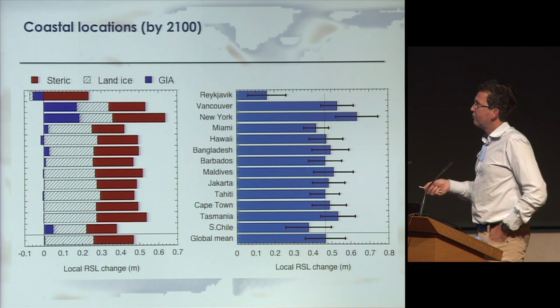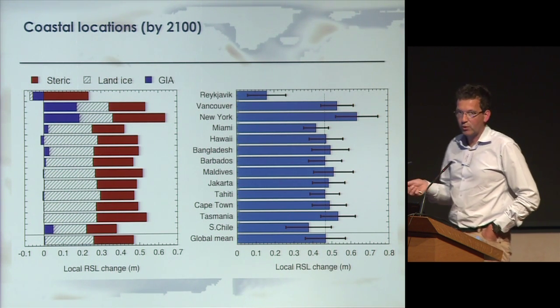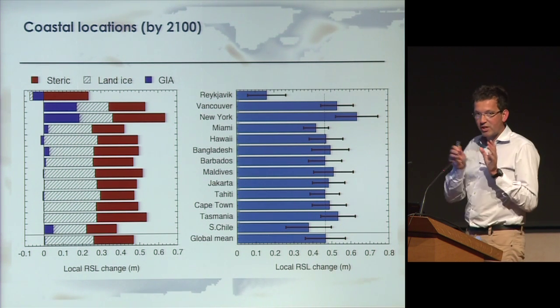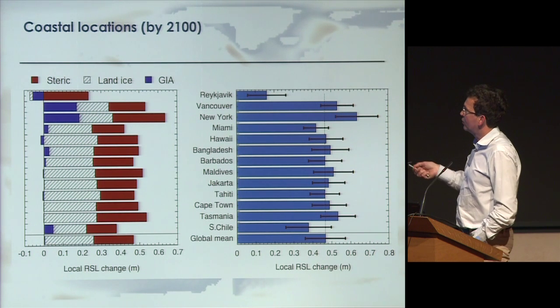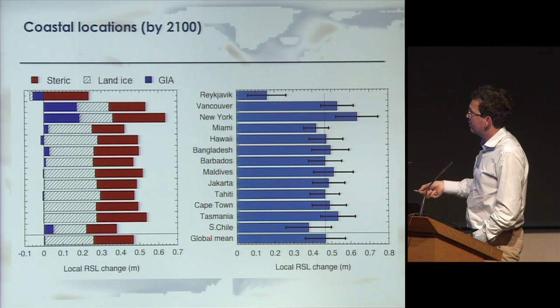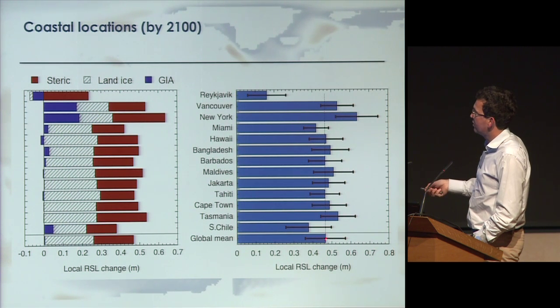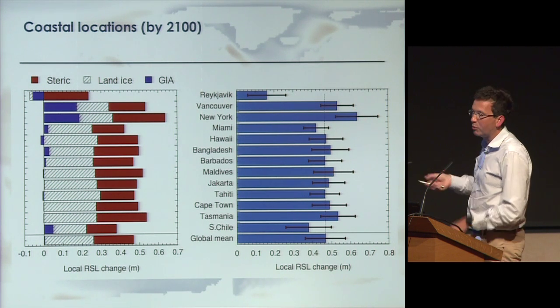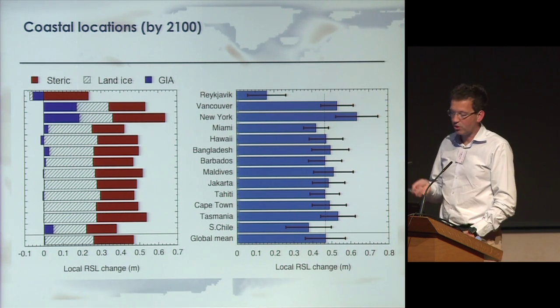You can also, if you wish, try to go to a very local scale and see what happens at the different locations. So we've taken a couple of coastal sites in this graph from north to south, and the last one is the global mean value. This is again for the RCP 4.5 scenario, and this is the mean, and you can see that there are a couple of sites which are above the mean because all the components work in the same direction in those sites.